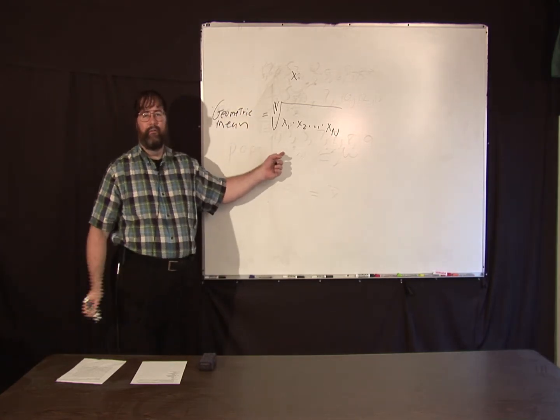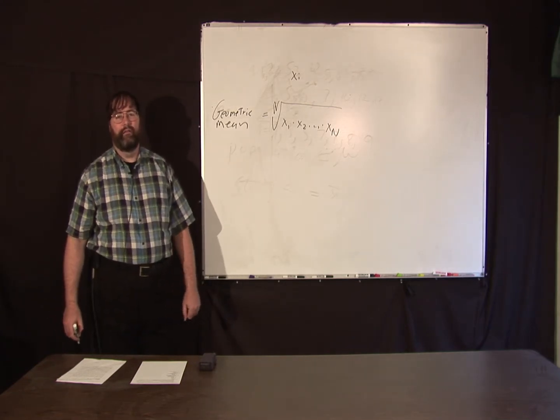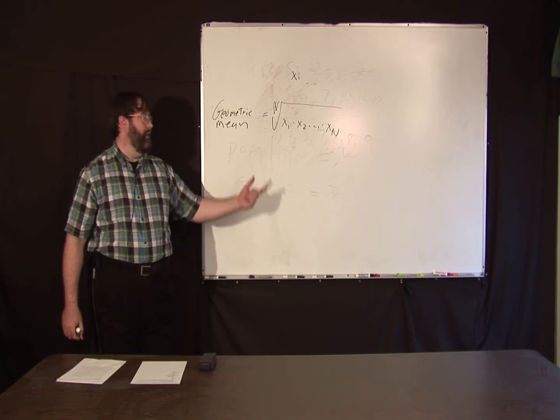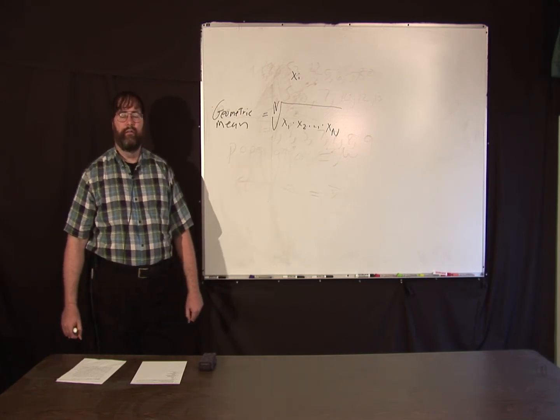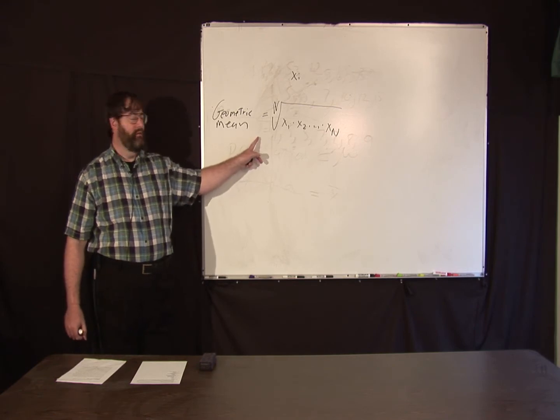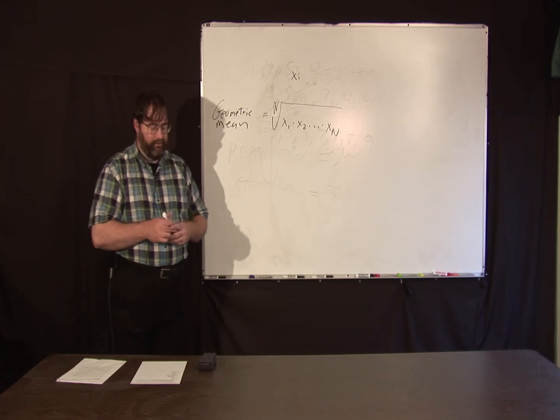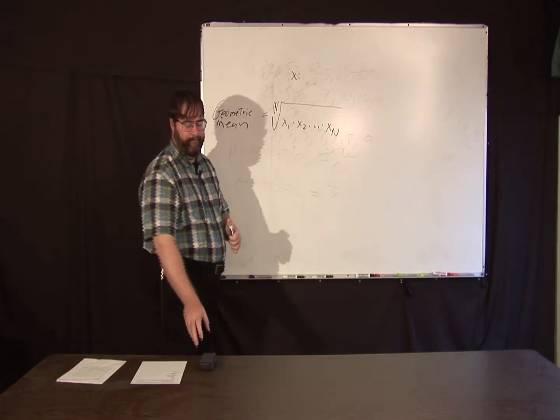So where does this come in? Well, an example might be if you're measuring data in dB and you do an arithmetic mean of the values in dB. Well, what that really is is a geometric mean. So it does occur in measurement situations. It's another measure of central tendency.